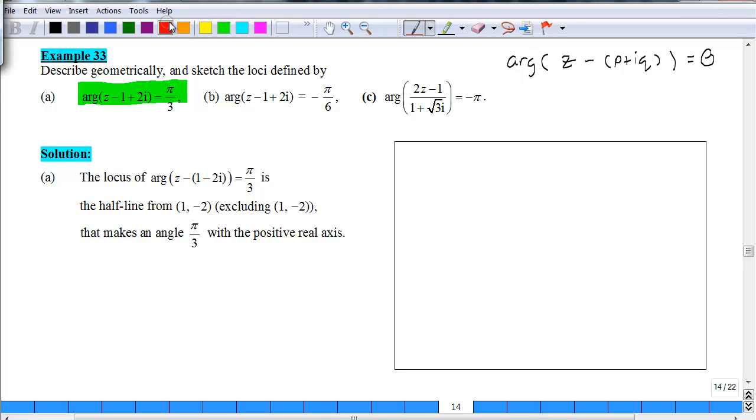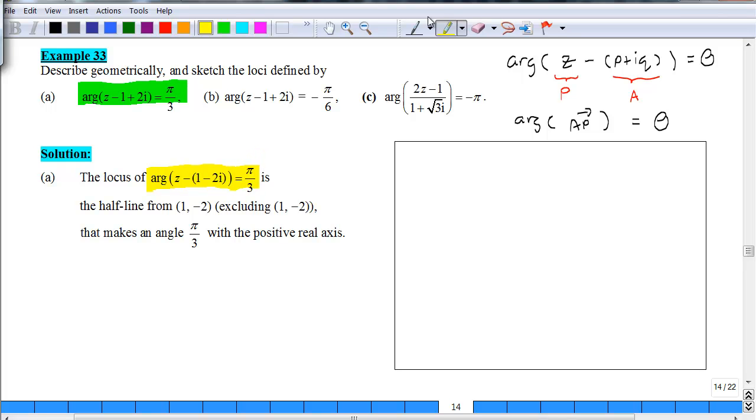Your z here is represented by the point P, whereas the fixed complex number p plus iq is represented by the point A. And this is analogous to the argument of the vector AP equals theta. So the locus of this particular example, after we have written it in standard form, is what you have just seen.